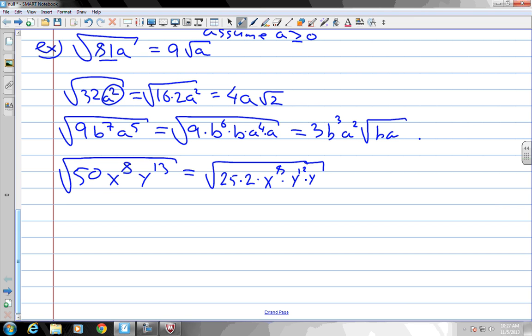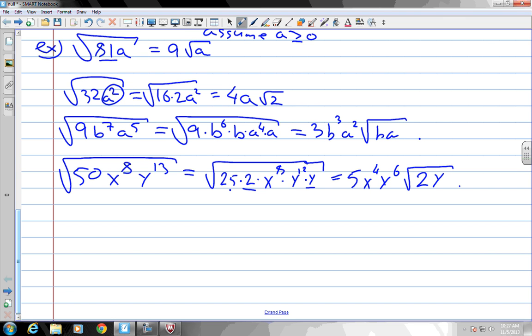Right? So then I can go ahead and take the square root of 25. That's 5. I can take the square root of x to the 8th. That is x to the 4th. Yeah, 2 stays there. And I can take the square root of y to the 12th. That's y to the 6th. And under the square root, we still have 2 and y left.